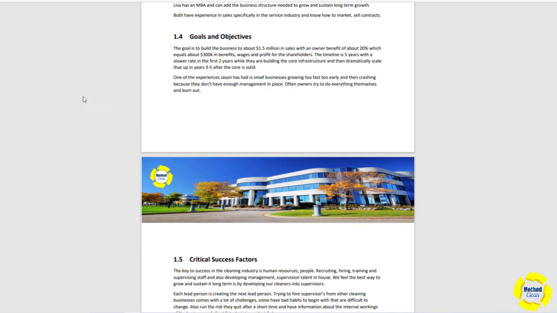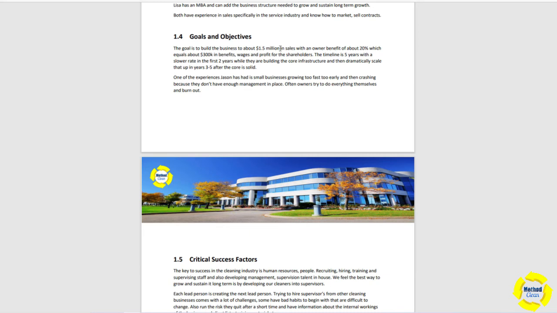Next section is goals and objectives. What's our goal? Because once we can establish what our goal is, then you can almost reverse engineer and go backwards and start filling in the blanks. That's why it's so important, because as we process through some of these questions, what you realize is they can completely change.